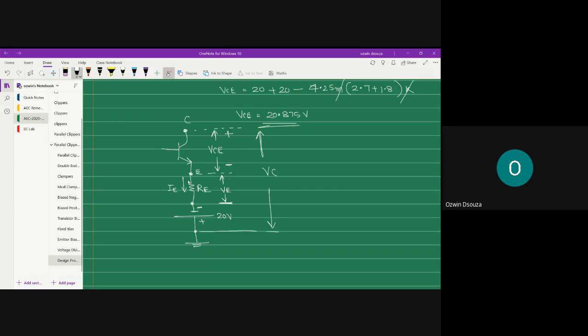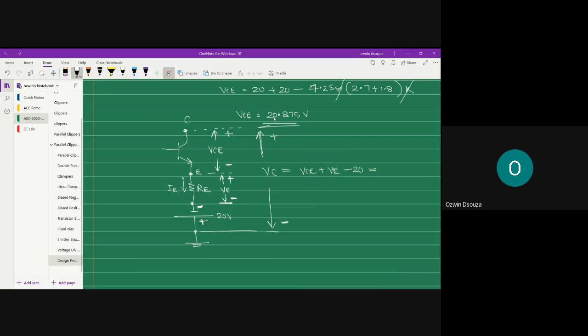Where the current enters, that side we will take it as positive and this as negative. All right, and the 20 volt appears in an inverted manner, that is upper side negative and lower side positive. So VC is equal to VCE plus VE minus 20.